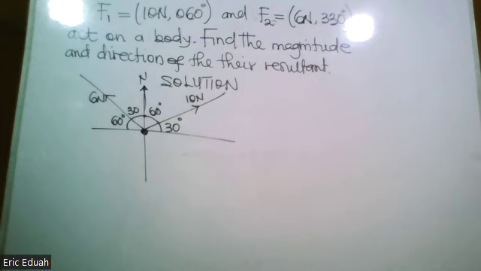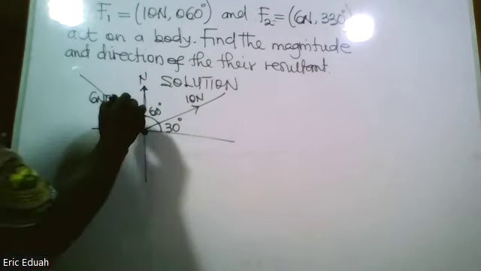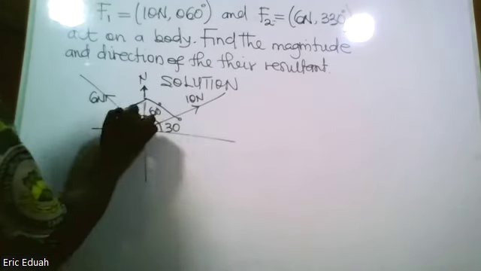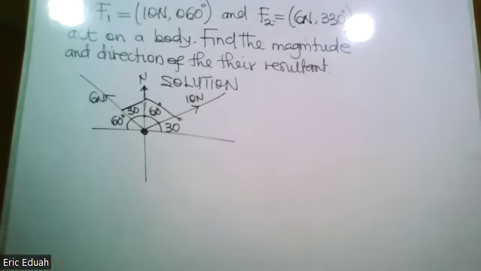So I can use Pythagoras theorem even to find their resultant, because the angle between them is simply 90 degrees, 30, 60. As we've learned before, we can do that.